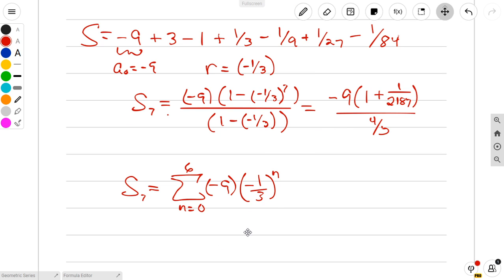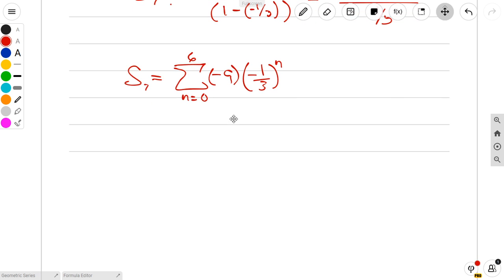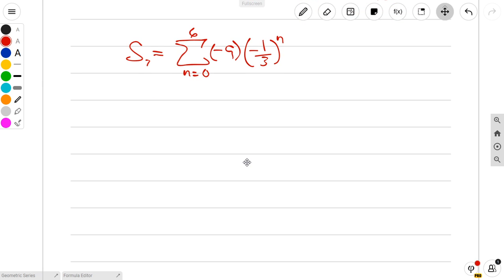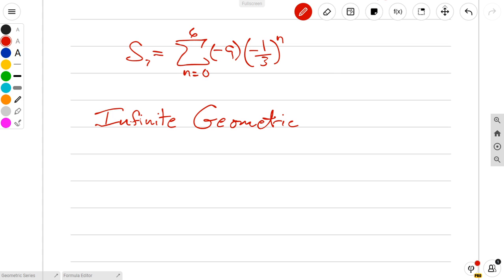You can use it to calculate some of the partial sums that are in WebWork for our geometric series. Of course, an infinite geometric series just takes that partial sum formula and takes the limit as it goes to infinity, right?